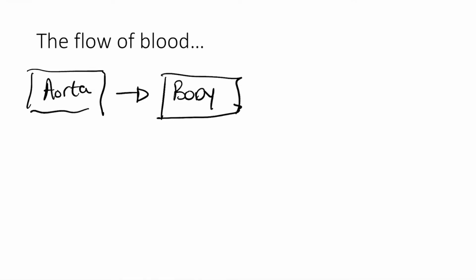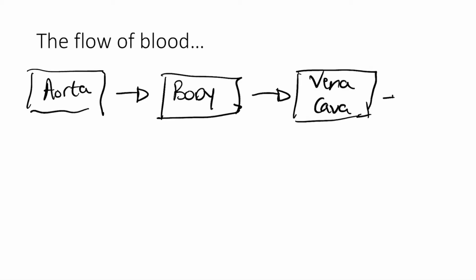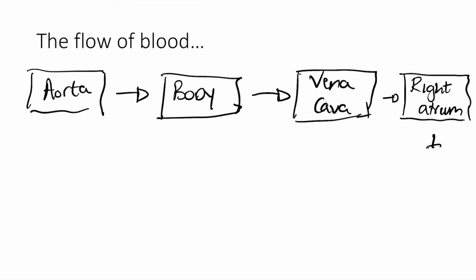It needs to get around all of them. Then once it's done on its route there, it goes back to the heart, you'll remember, via the vena cava. It enters the vena cava and goes into the right atrium and down into our right ventricle.